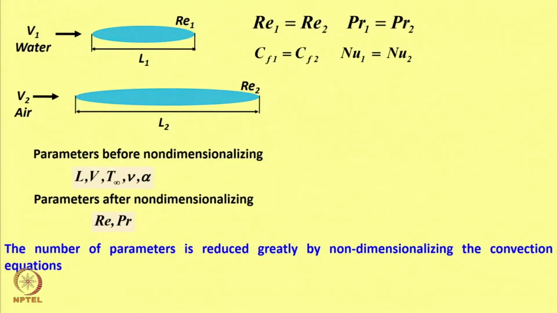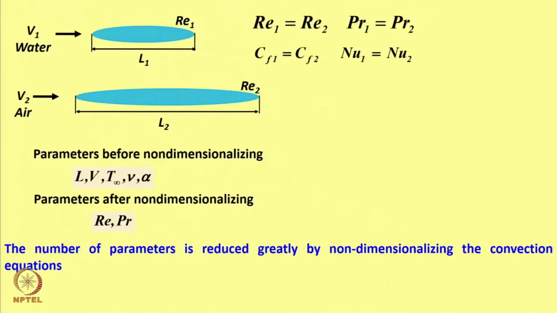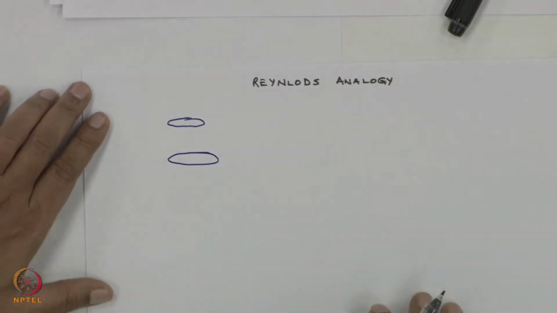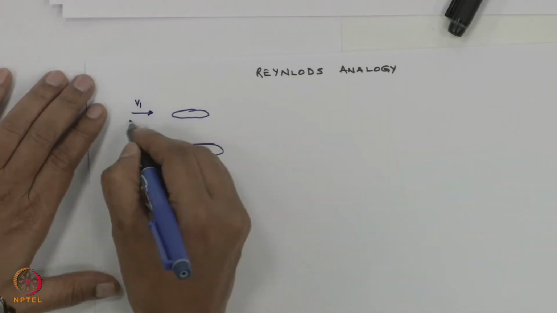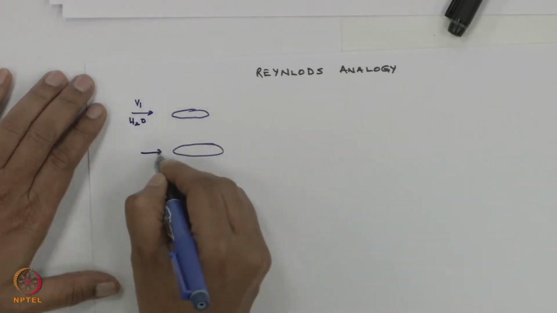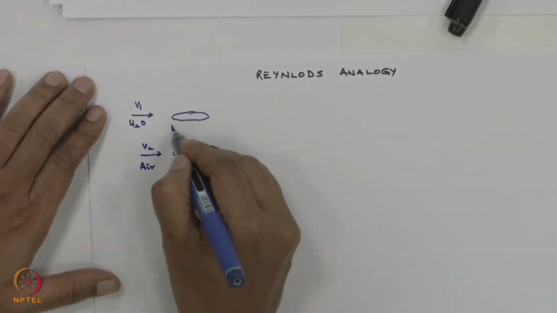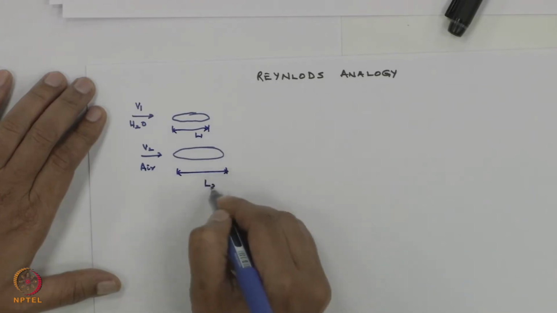Now, how do I understand this Reynolds number and Prandtl number? What is the meaning of keeping the Reynolds number and Prandtl number the same? Let us say I take the same shaped body, a smaller one and a bigger one, same shape, and I am taking velocity V1 with water and velocity V2 with air, and its characteristic length here is L1 and this characteristic length is L2.